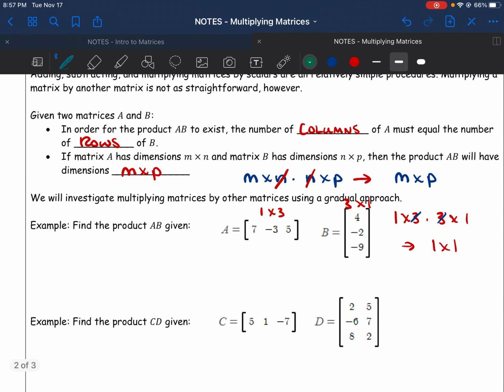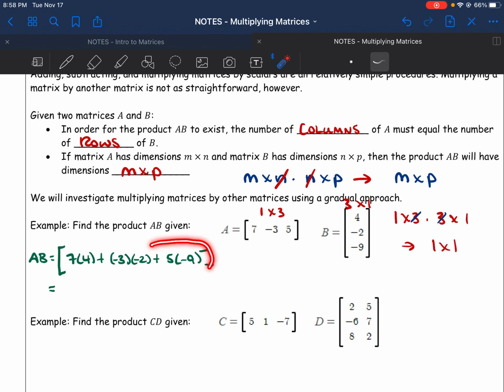The product AB would look like this: 7 times 4 plus negative 3 times negative 2 plus 5 times negative 9. It might be hard to see right now, but this is actually one big element, because once we simplify this expression, we're just going to have one number, and it's going to be a 1 by 1 matrix.